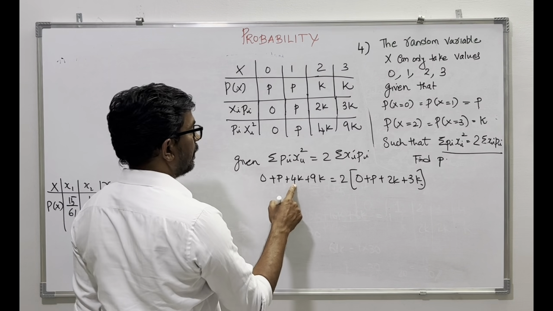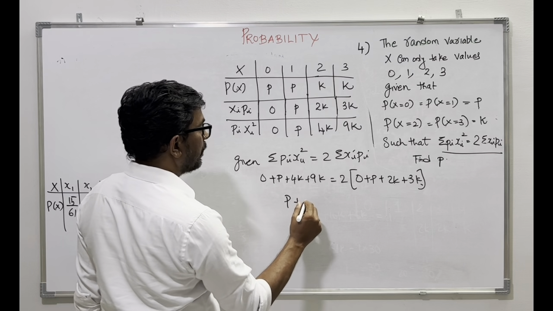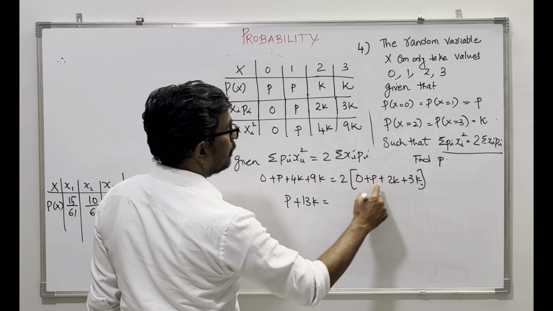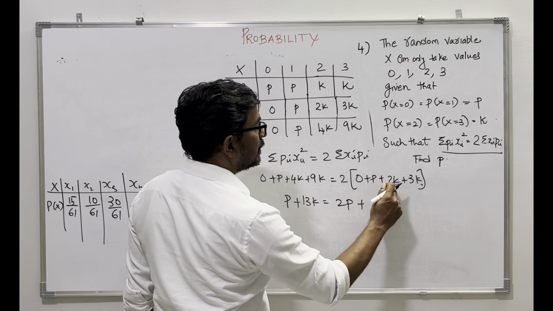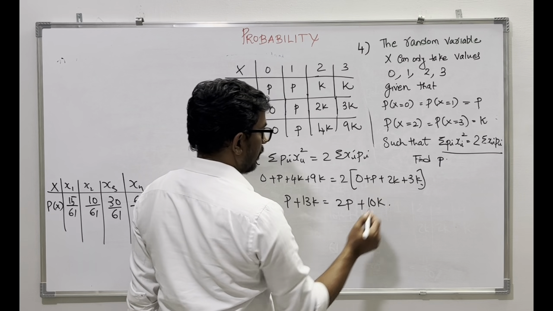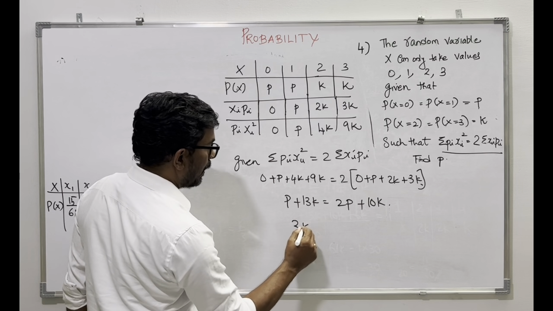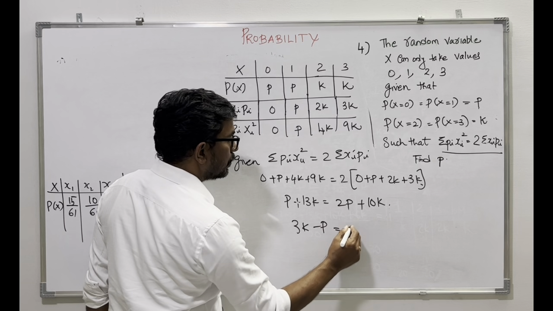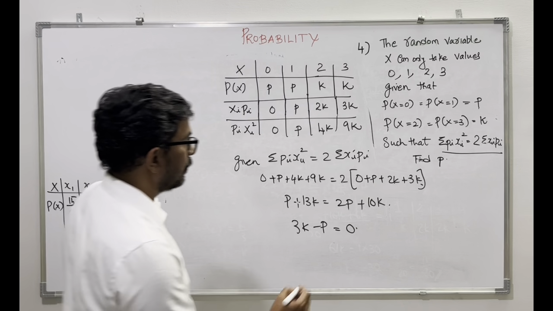So what we get here is p plus 13k is equal to, you multiply this 2 with this, you will get 2p plus, this is 5k, into 2 is 10k. From here we can make a relation: take this to this side, it will become 3k, take this to this side, minus p equal to 0. We got a relation like this. This is equation number 2.